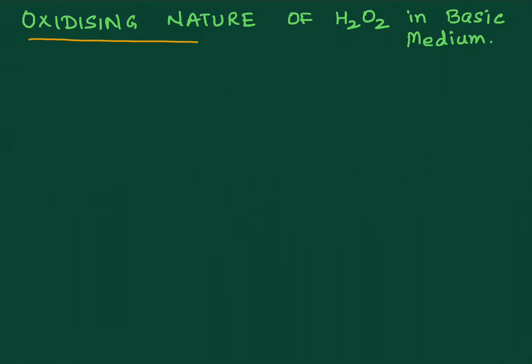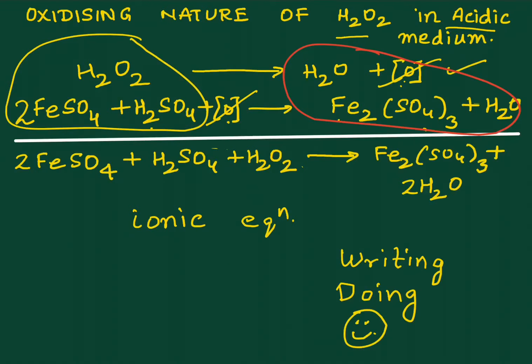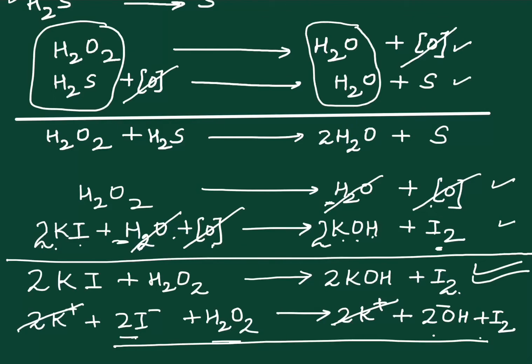Third set of oxidizing action of hydrogen peroxide, and here we are going to talk about the oxidizing action in basic medium. Again the same thing. Hydrogen peroxide breaking down to give you water and nascent oxygen. If you've noticed, I have been teaching you the oxidizing action of hydrogen peroxide in 3 different colors.